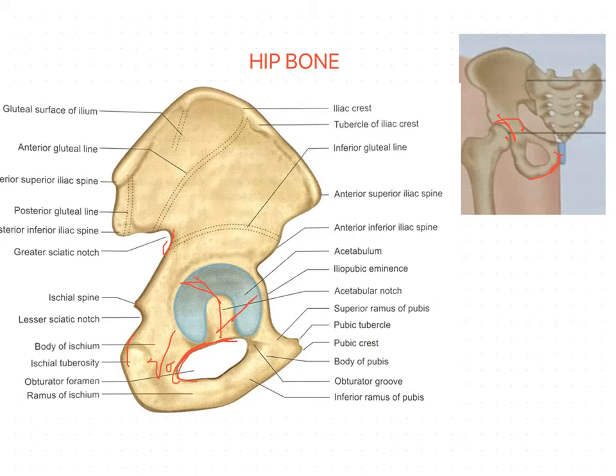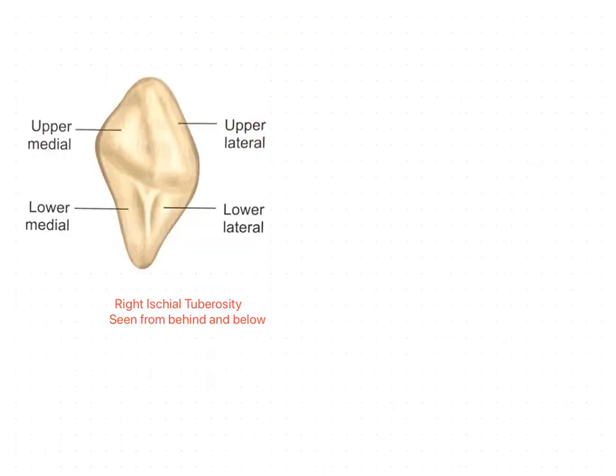Now the ischial tuberosity, seen behind and below. The ischial tuberosity is divided by a transverse ridge into an upper area and a lower area. The upper area is subdivided by an oblique ridge into a superolateral area and an inferomedial area.